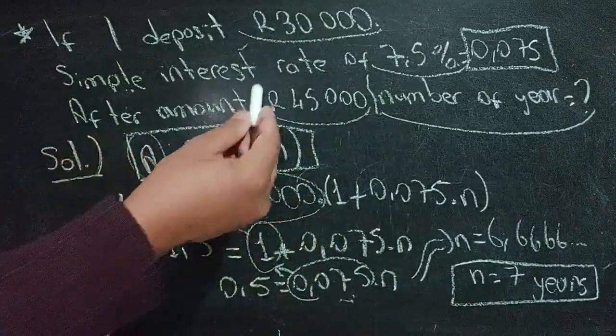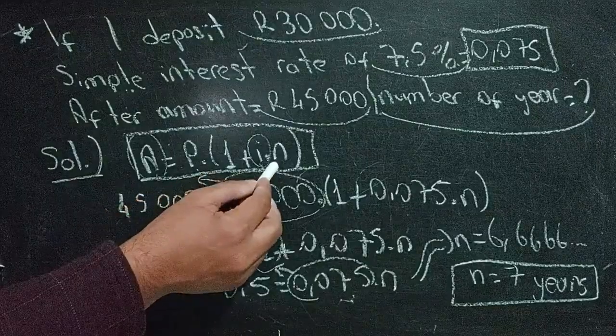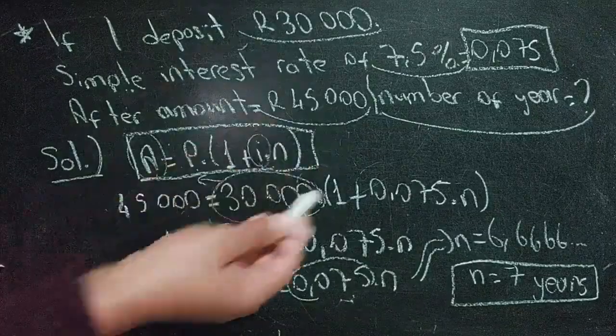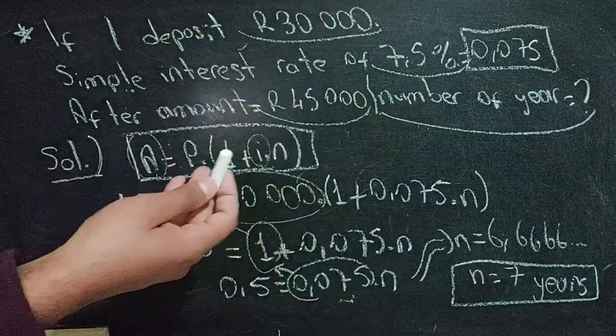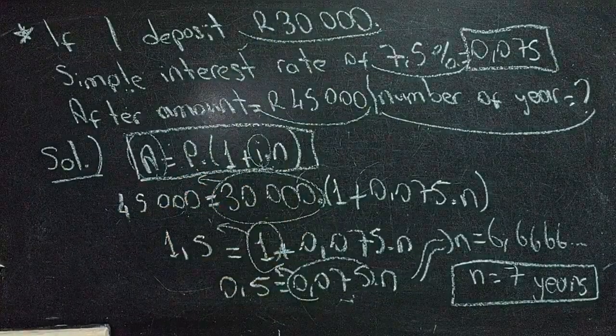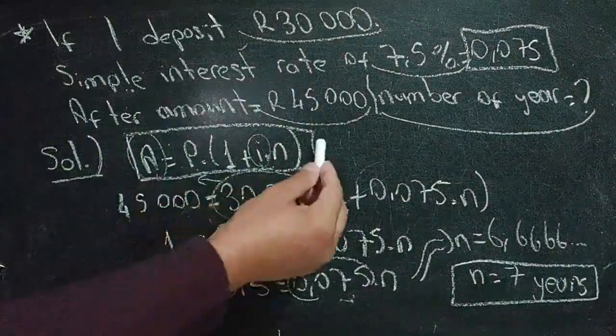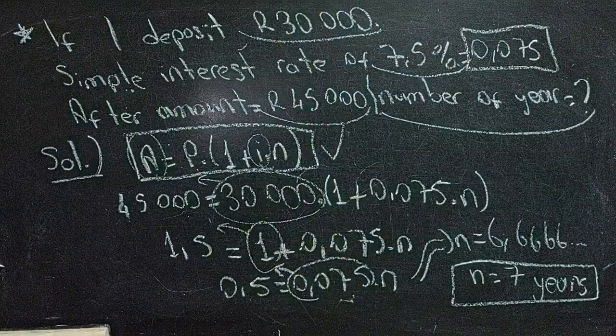You are going to put the values of those letters which are going to be given already from the questions, and then one of them is not going to be given. That will be your unknown, and you will try and find the unknown from this formula.